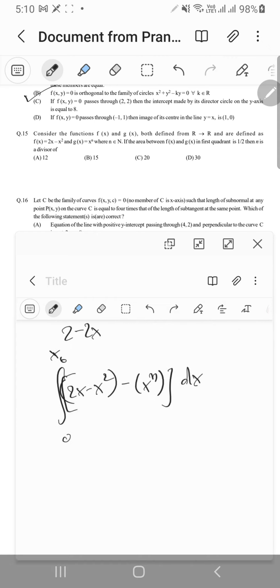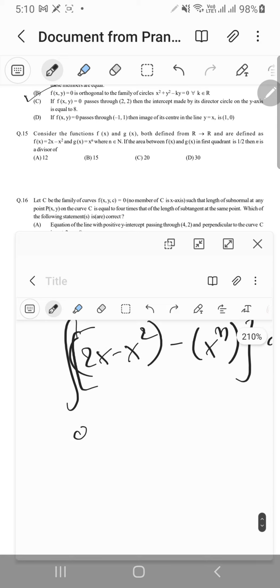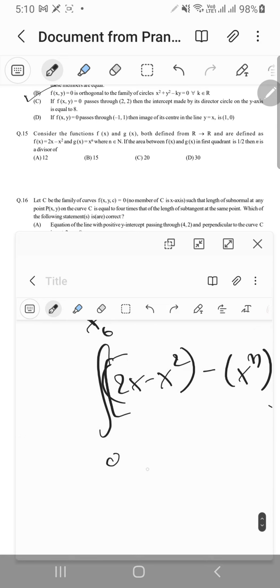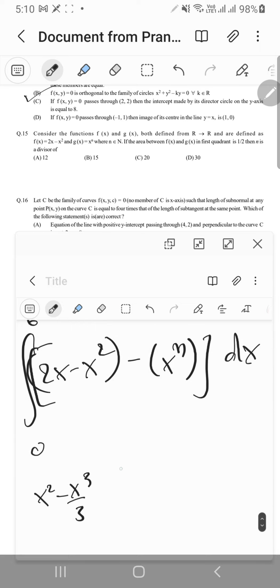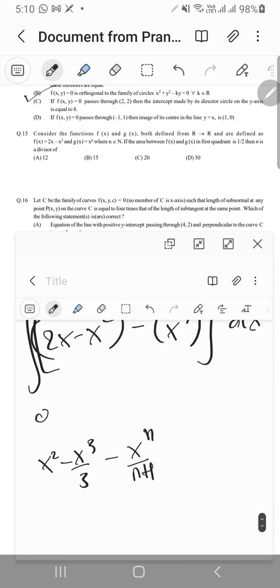Oh god, okay, let's still try to do this. This would just be x squared minus x cubed by 3. Wait, not from 0 to, from x naught, okay, cool. Minus x power n upon n plus 1, right? And when you put 0 over there, it becomes 0.